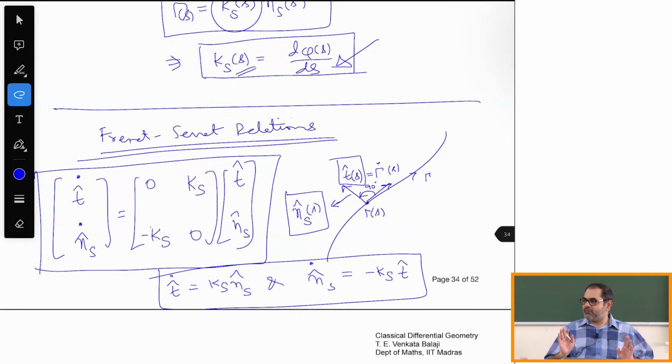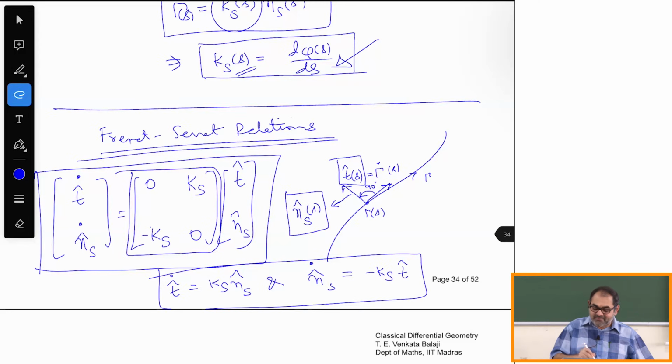which is telling you how this moving frame consisting of T and N is changing. And what is the curve physically? It's just a solution of this system of differential equations. Either you can see it as a system of differential equations, or you can think of it as a matrix differential equation. The point is that you have this beautiful skew symmetric matrix here, and the only thing occurring there is the signed curvature.